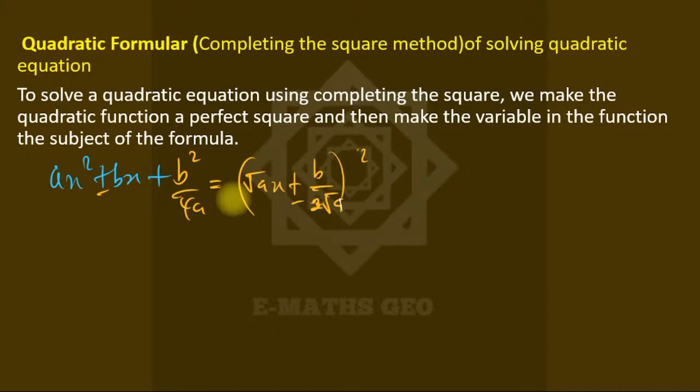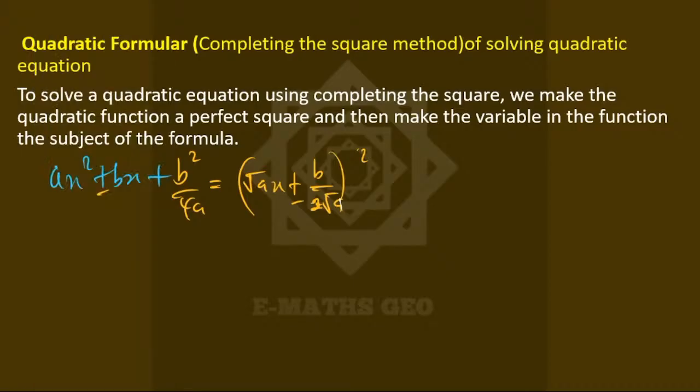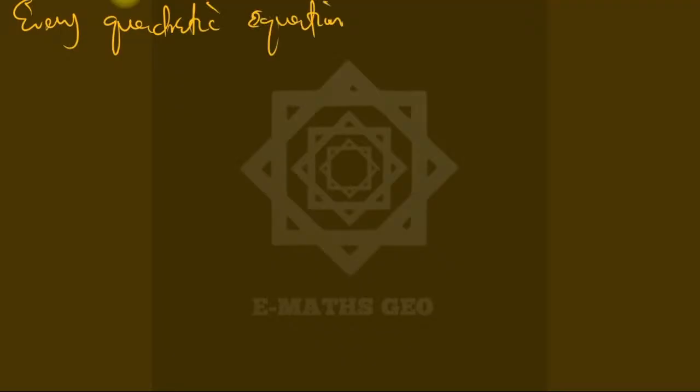So let's start. So before now, we know that generally a quadratic equation is always in this form. Every quadratic equation is always ax squared plus bx plus c equal to 0. Yes.